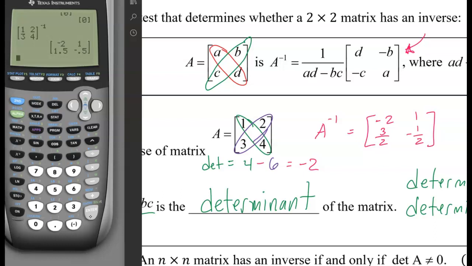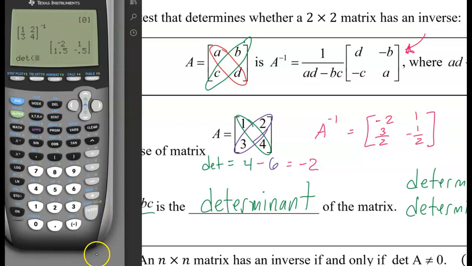Also, if you're confused on how to find the determinant, let's do this first. If you hit second, the inverse button, x to the power -1, this is how you can compute things with matrices. So if you hit second matrix, or second x to the power -1, and you go over to math, you see how it says DET?